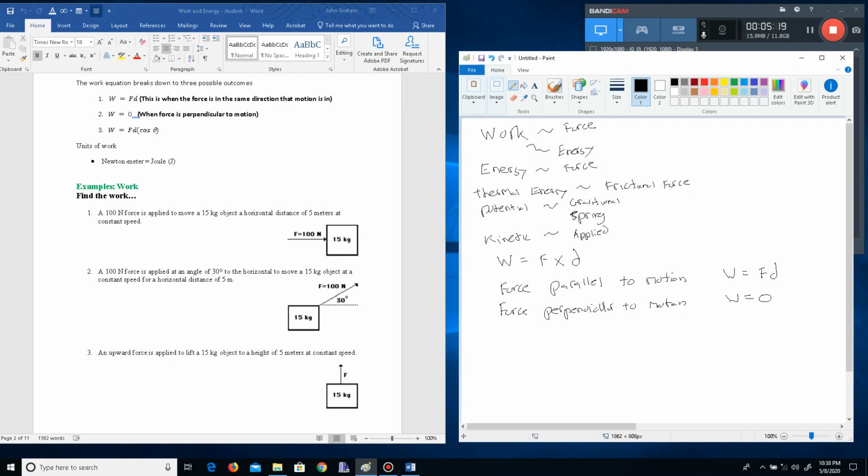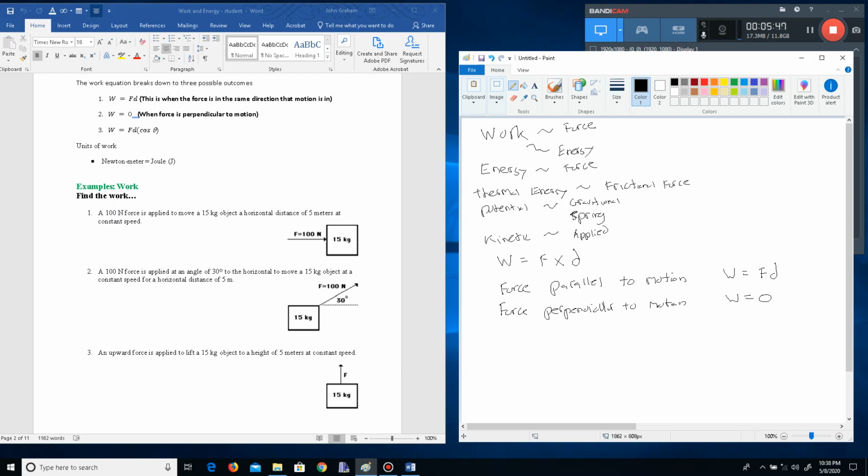And then the third case is when you're pulling at an angle, kind of like in this picture. You pull this at an angle of 30 degrees. Part of this force is going to work because part of this force is in the X direction. If you're pulling it to the right, you have part of the force that's pulling to the right. That part will do work. The other part, perpendicular, won't do work.